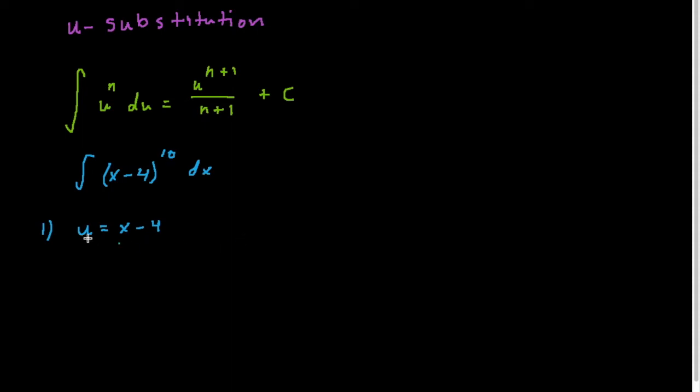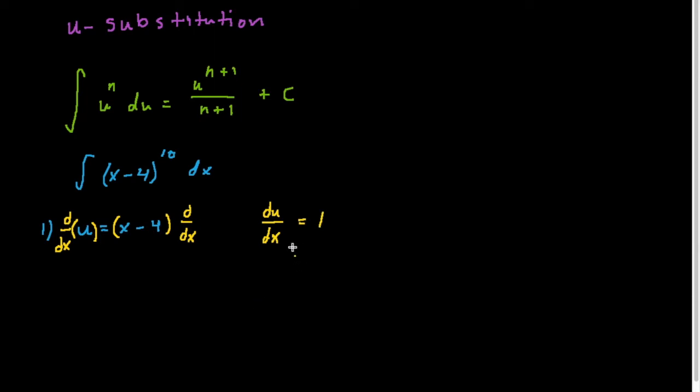Then we need to take the derivative of both sides of this with respect to x. So we'll say u is equal to x minus 4, then take the derivative of each side with respect to x. On the left side, we'll get du over dx, and on the right side, the derivative of x minus 4 is just 1.